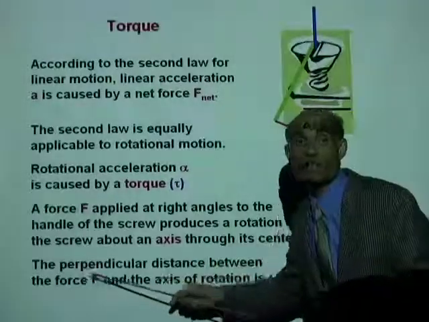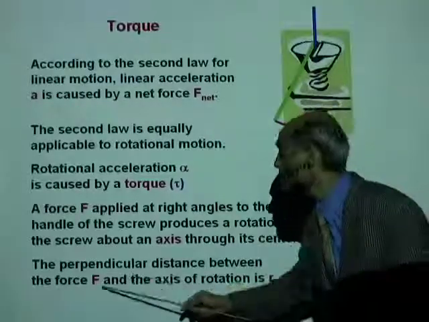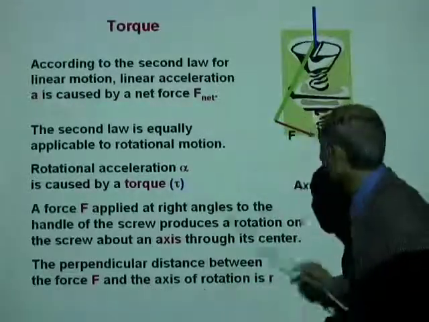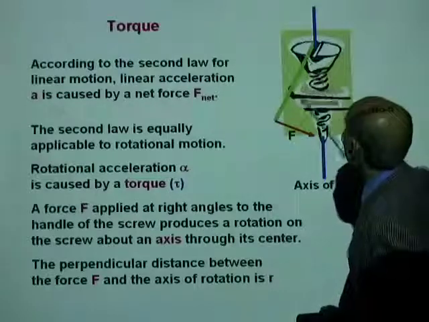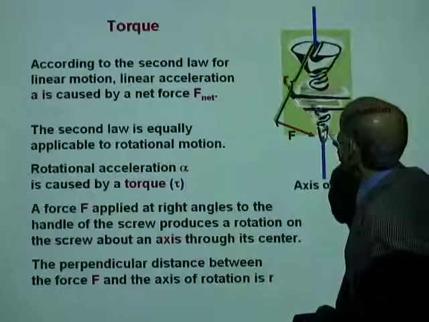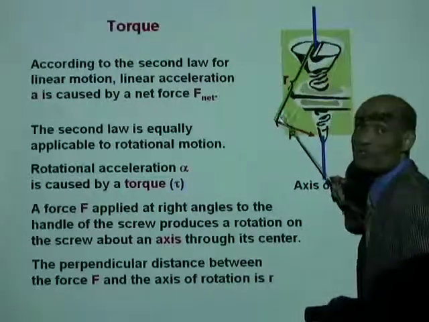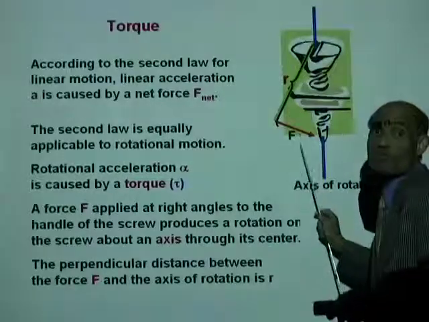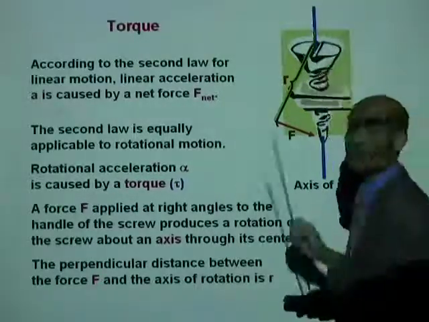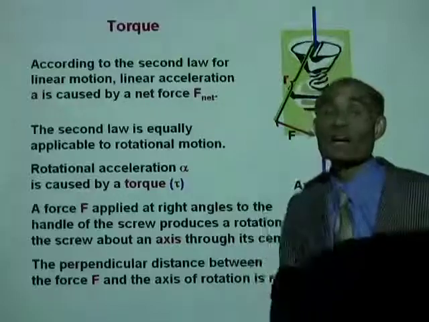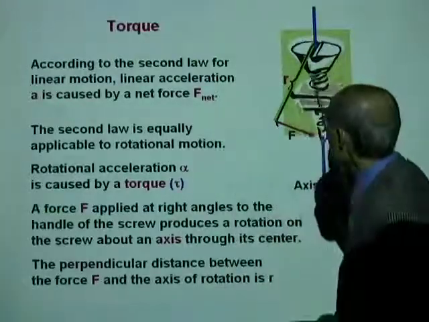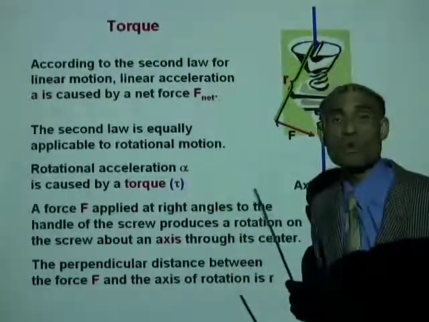The perpendicular distance between the force F and the axis of rotation is this r. This is the perpendicular distance between the force and the axis of rotation, and I told you that that distance is called the torque arm.